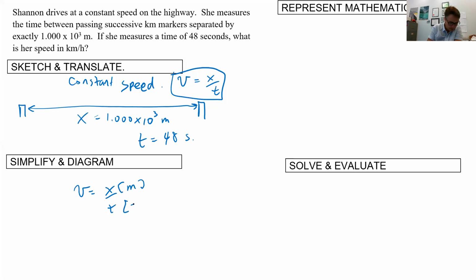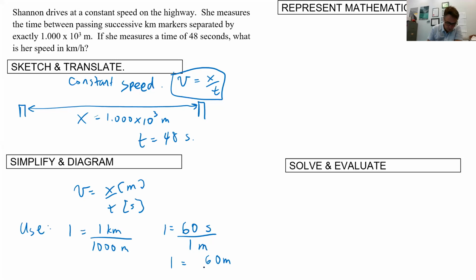Meters and seconds. So we're going to convert. We're going to use the fact that 1 is equal to 1 kilometer divided by 1,000 meters to convert to kilometers. 1 is equal to 60 seconds divided by 1 minute, and 1 is equal to 60 minutes divided by 1 hour. There are 60 minutes in an hour, and 60 seconds in a minute.